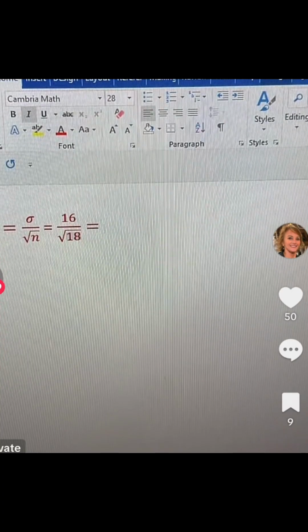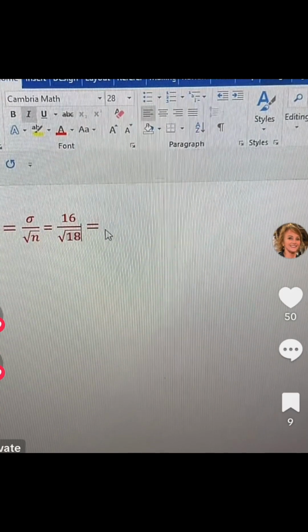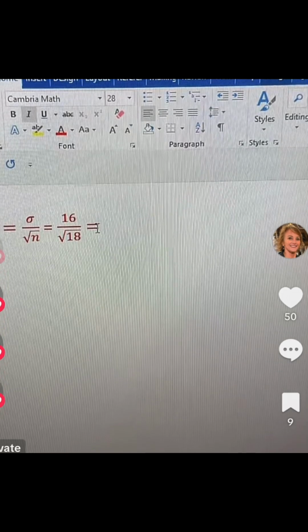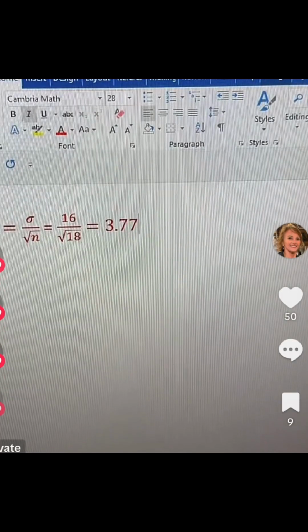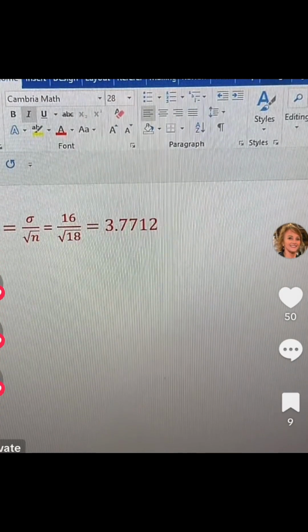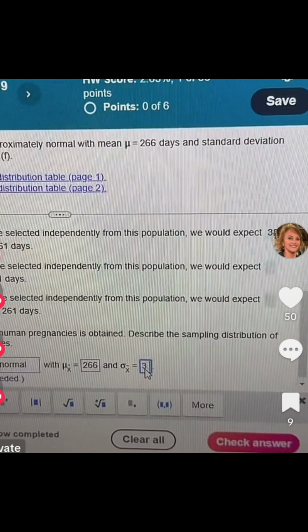So 16 divided by square root 18. And that's going to be 3.7712. So that comes over here in our new standard deviation, 3.7712.